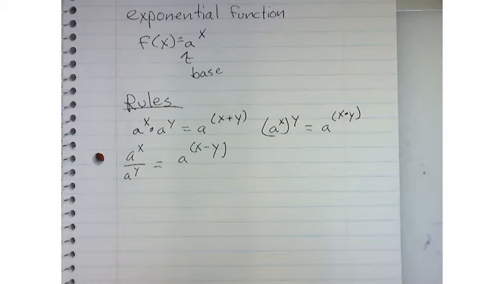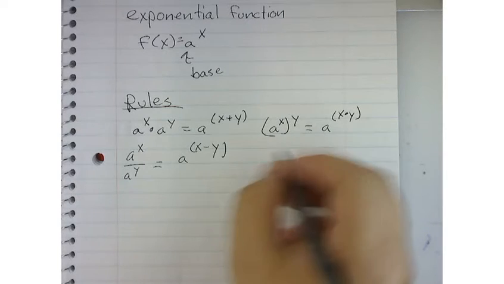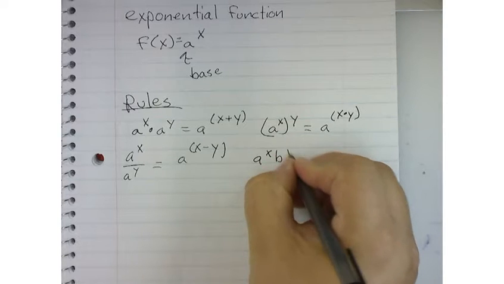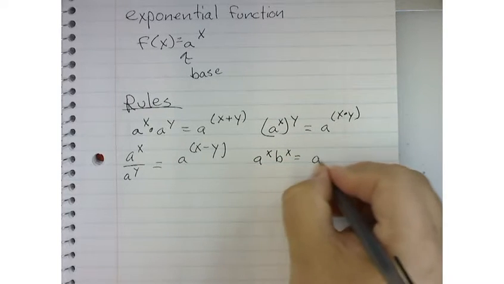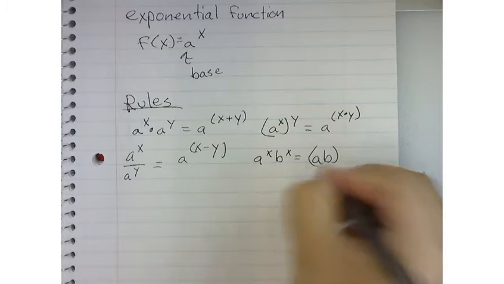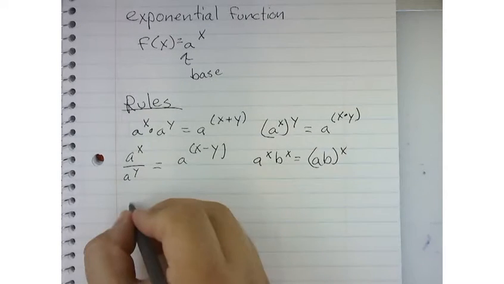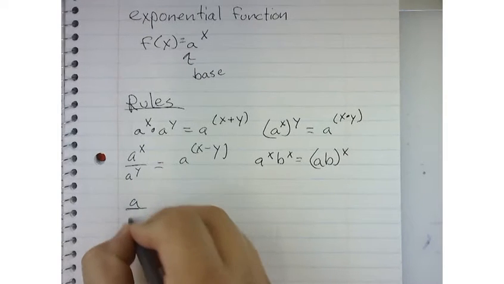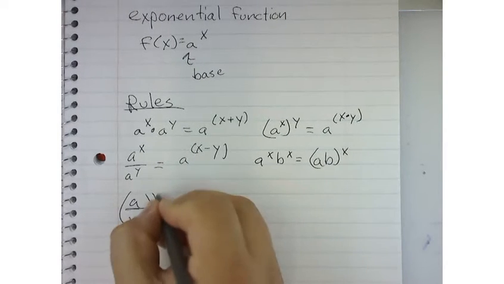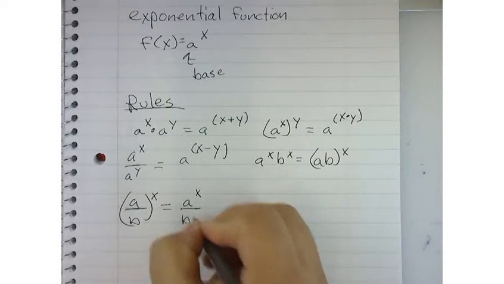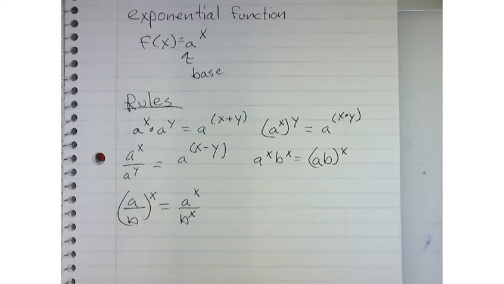And then another version of this would be if I said a to the x b to the x, I could separate that and say a times b raised to the x. And the last one will be a over b raised to the x is the same as a to the x over b to the x. And there's some more rules, but that's what we need to get us started for today.